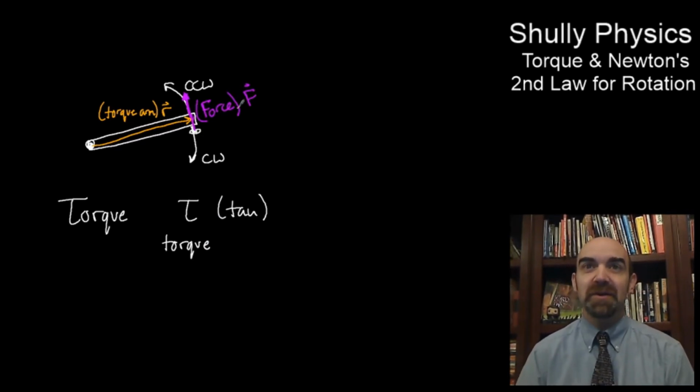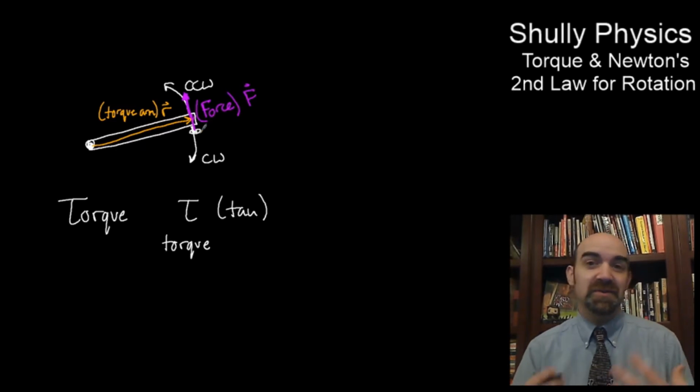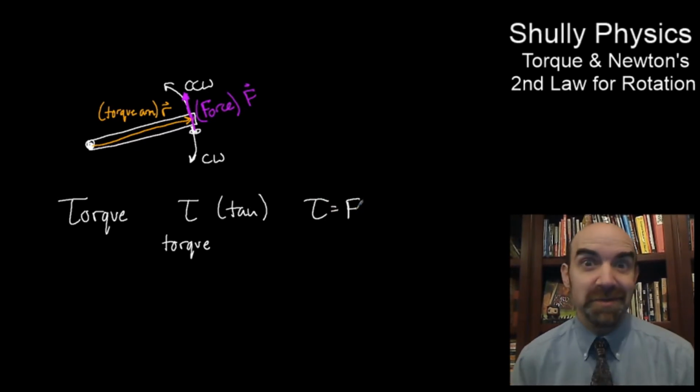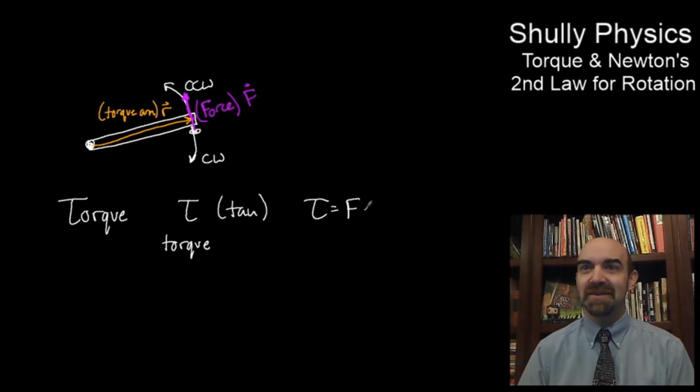And you're going to get more torque as you push further and further out on the door. So torque isn't just affected by the amount of force you push with, but where on that rotating object you push, called the torque arm. And so it can be easily defined and experimentally determined to be force times a torque arm.